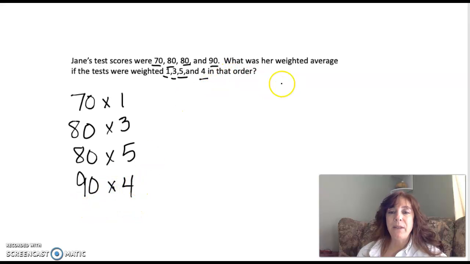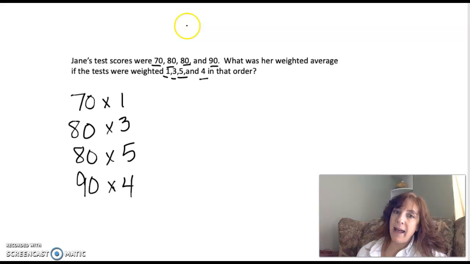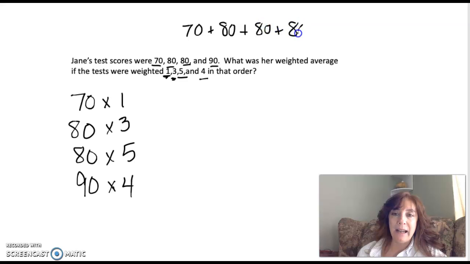Now, why do I do this? If I did it the long way and I did the average, I would add the scores. 70 counts once, 80 counts 3 times, so I'd say 80 and 80 and 80. I would count it 3 times.